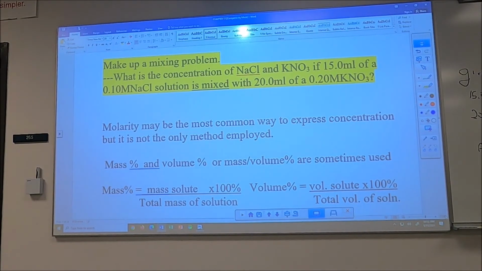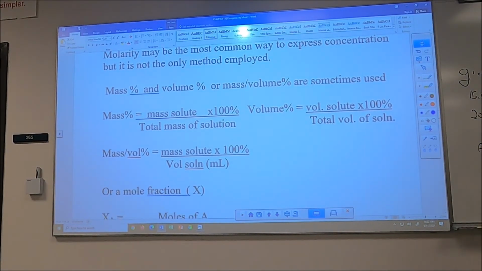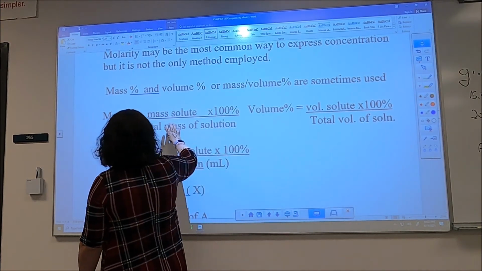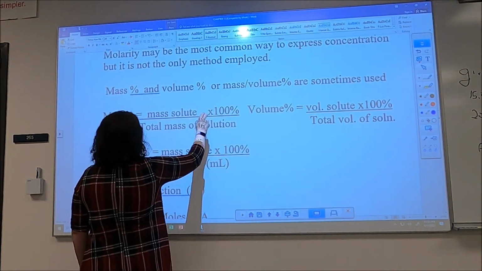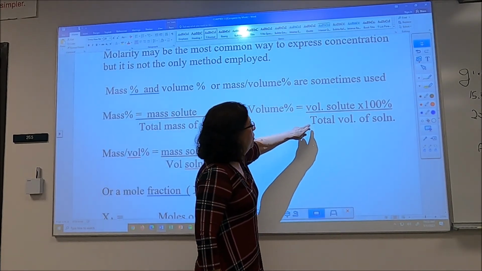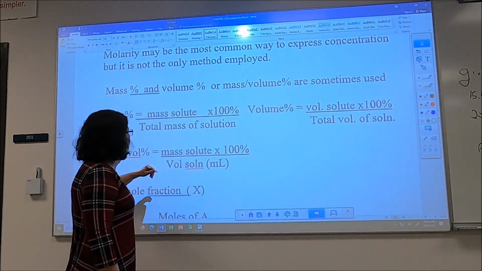Molarity is the most common way to express concentration in chemistry, but it's not the only way. We can have mass percents, volume percents, mass volume percents. So, mass of solute divided by total mass of solution times 100% would be a mass percent. Volume of solute over total volume of solution times 100 gives you volume percent.